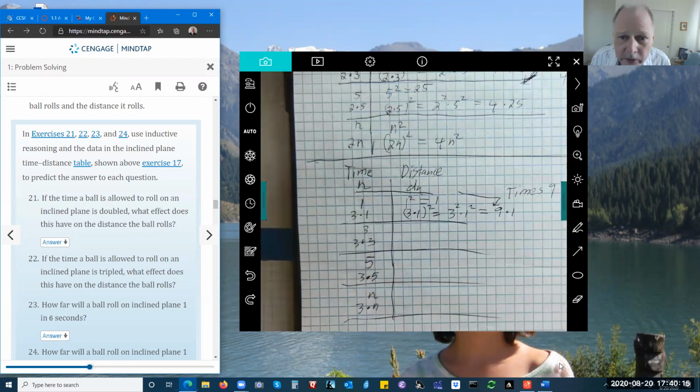So you compare 1 squared versus 3 squared, it's 9 times bigger. Okay?